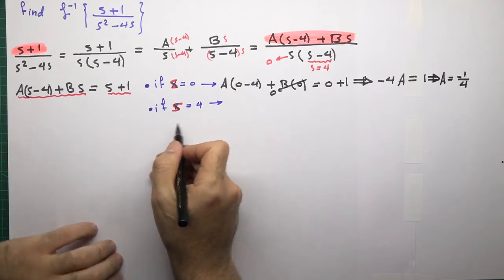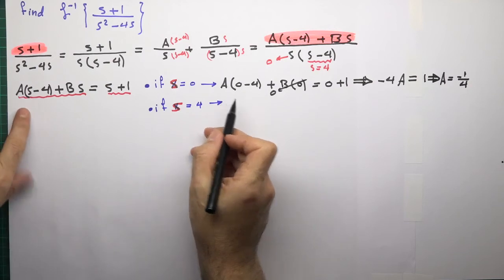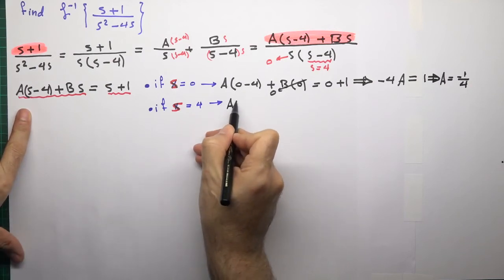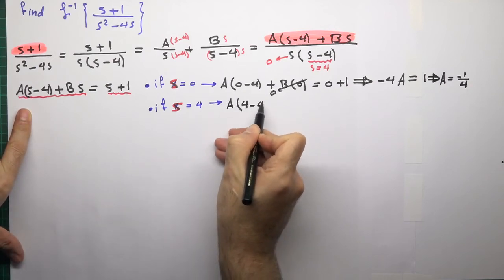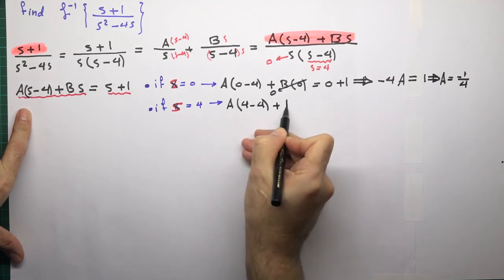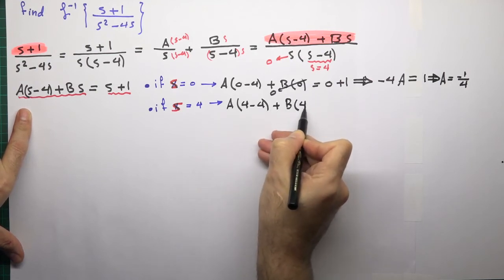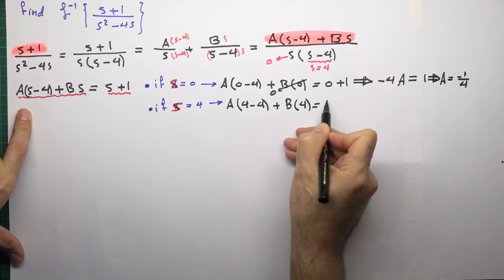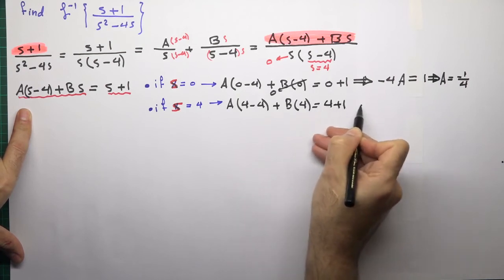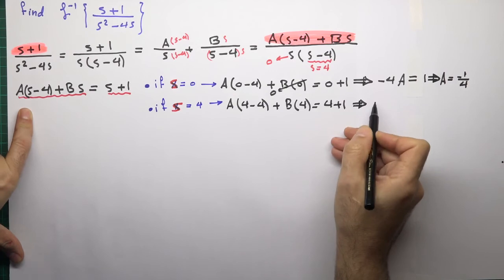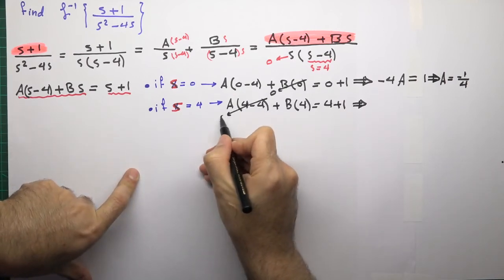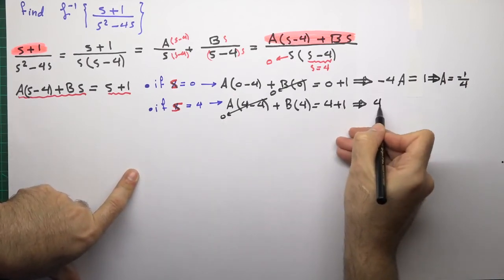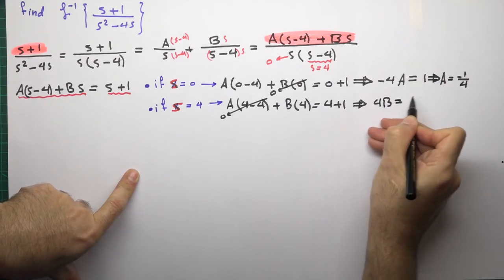And to find B, we will plug in 4 in both, so it will be A times 4 minus 4, plus B times 4, equals 4 plus 1. This one will be 0 as you know, so it will be 4B equals 5.